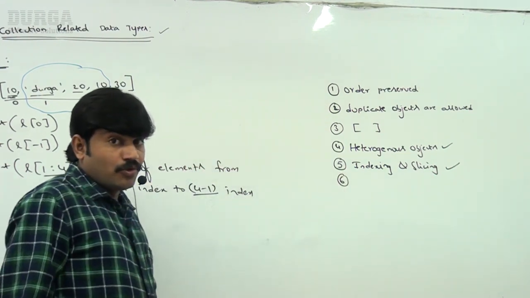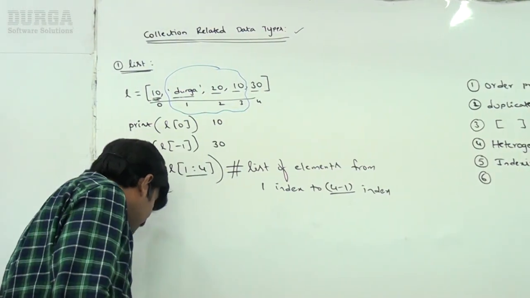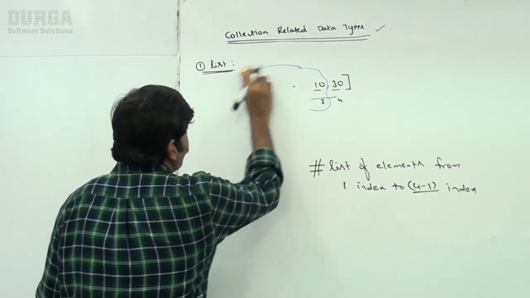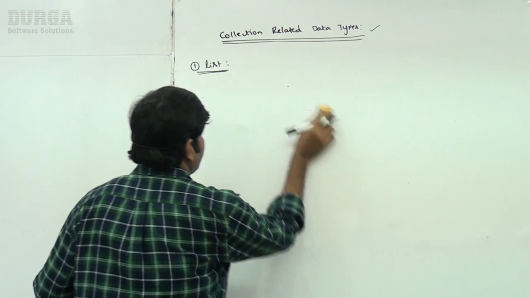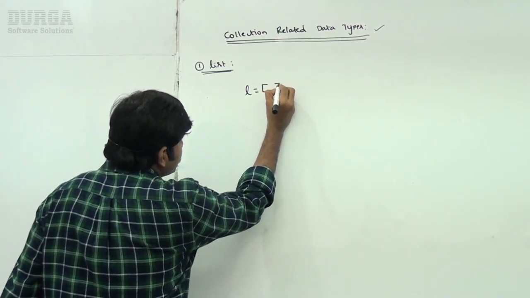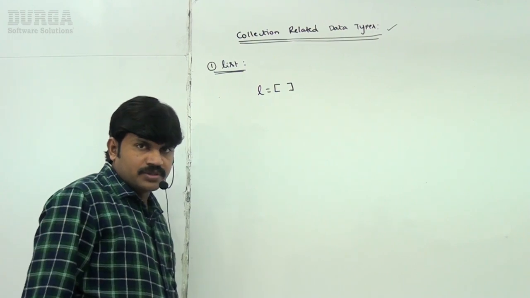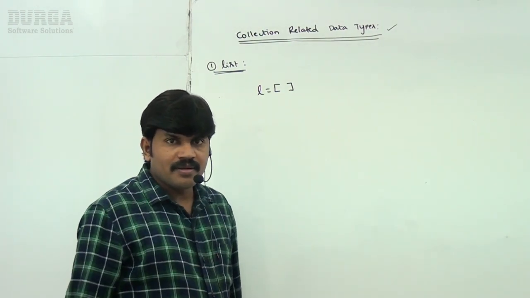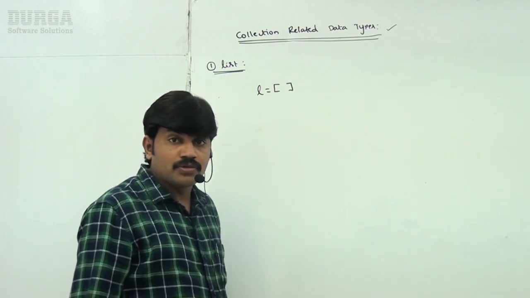Next, one more point. Listen very carefully, sir. Say I take L is equal to square bracket open and close. What am I doing?